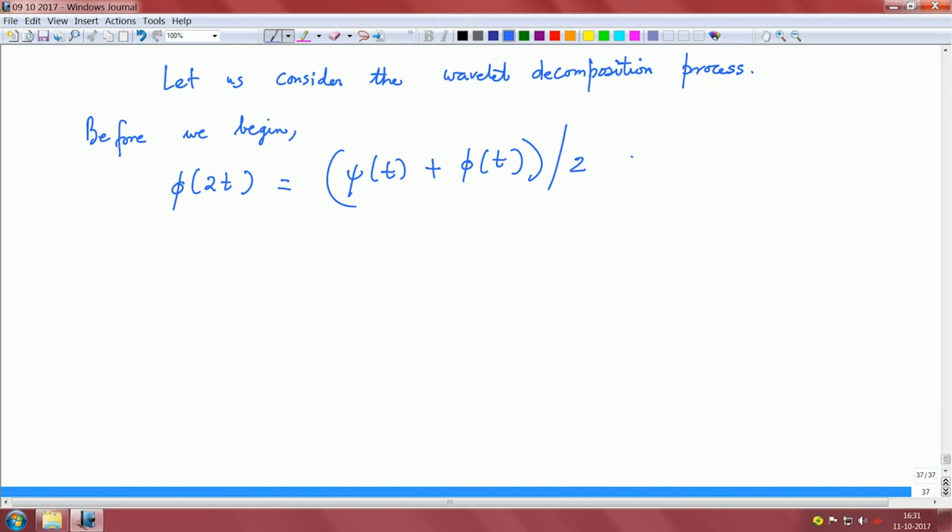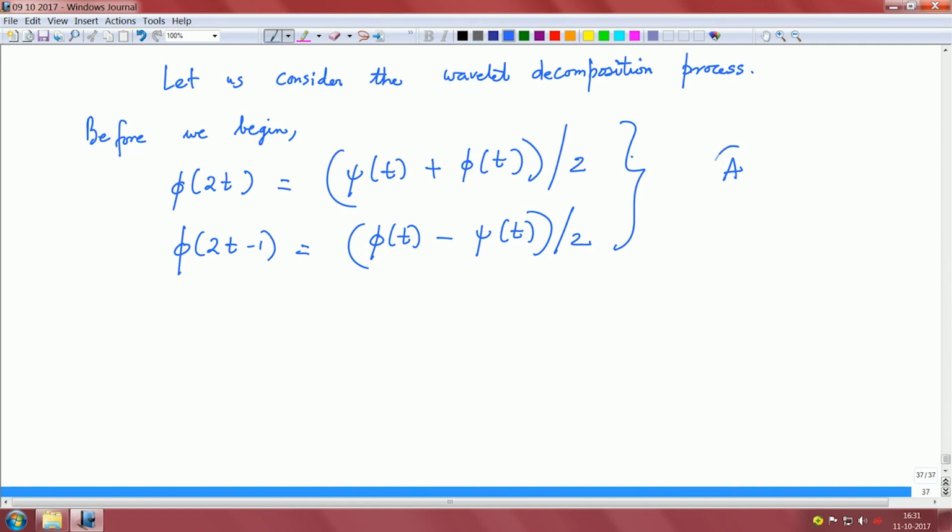That is, I want to realize a box car of width half, and that I can realize by adding the wavelet and the scaling function, right, in a resolution which is coarser than that. Now, phi of 2t minus 1 is phi of t minus psi of t upon 2.